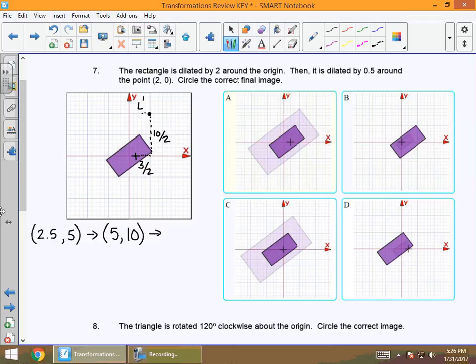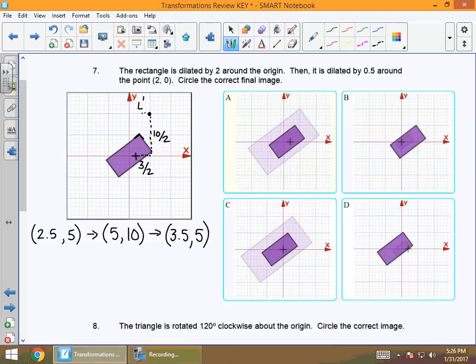So from 5, if I come back 1, it's 4, so this is at 3.5. And from 10, if I come halfway down, it's at 5. So I'm just going to look for this top left corner and which one of them has it in the spot 3.5, 5.